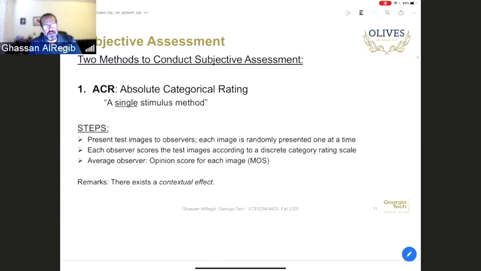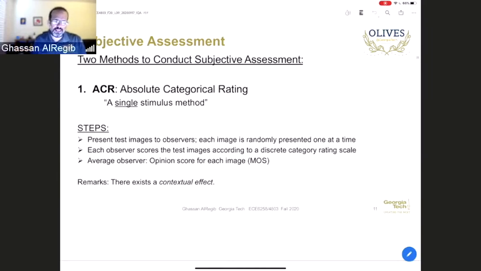From the name, you have a bunch of test images, and there are standards, ITU and IEEE, with specific requirements about the room lighting and the ratio between the display size and the distance between the display and the human. We used to have this setup ready on our campus when we had a big project on this quality years back. The idea is that you have specific environmental and display conditions.